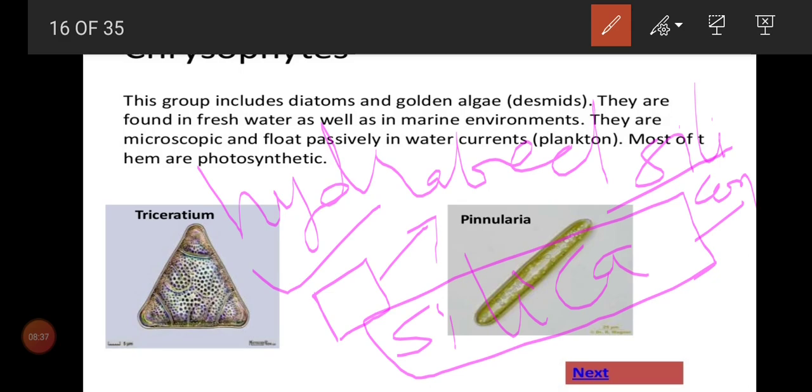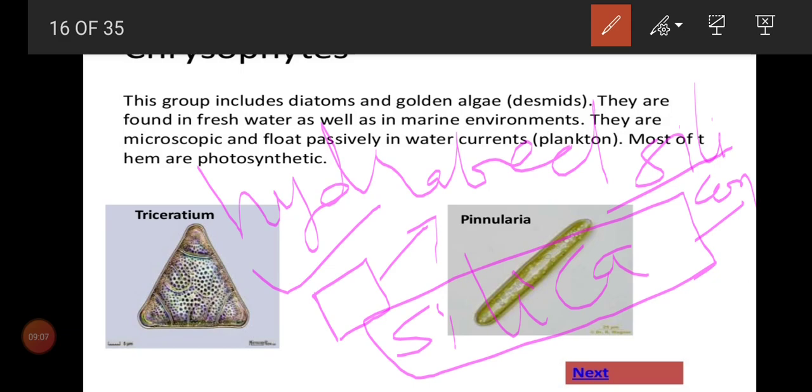Why is it very important? Silica is not degraded by any kind of mechanism. So the cell wall of the diatom will be deposited in the water, and continuously when it deposits, the aquatic area becomes a huge mass of diatom cell walls. This becomes diatomaceous earth.